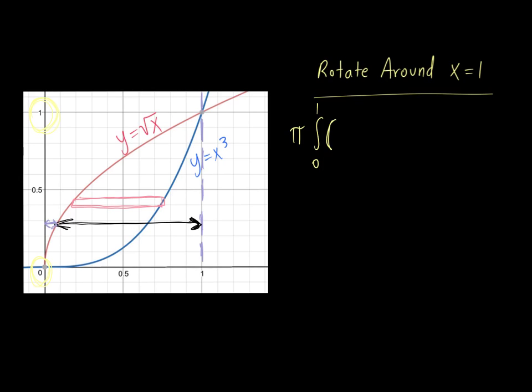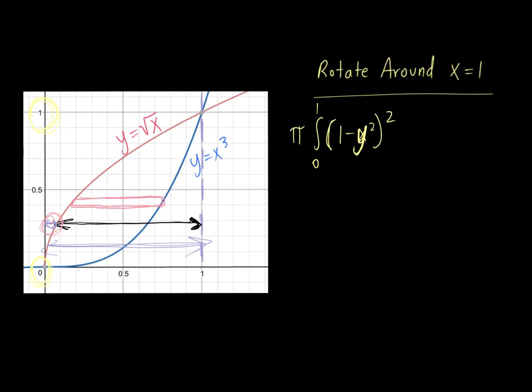One of them is x, and one of them is y squared. So my black arrow, my big radius, has a distance of 1 minus y squared. And since the big radius needs to get squared, I need a square on the outside of the parentheses.